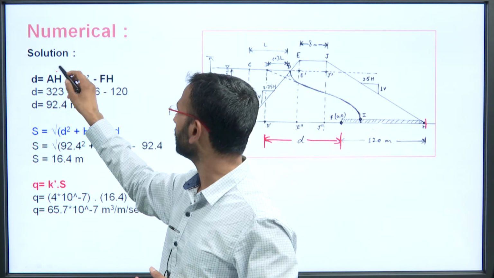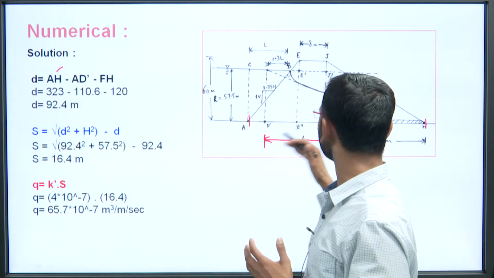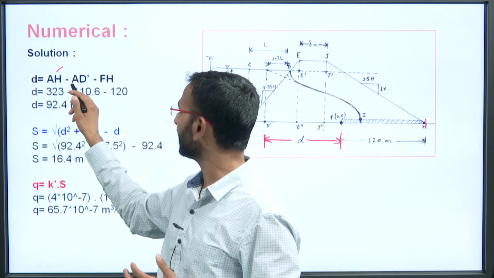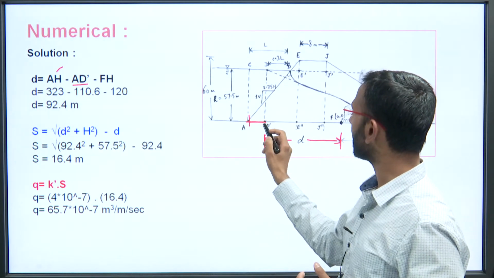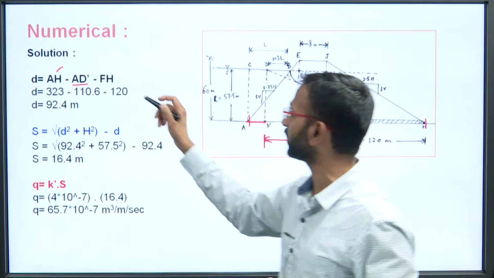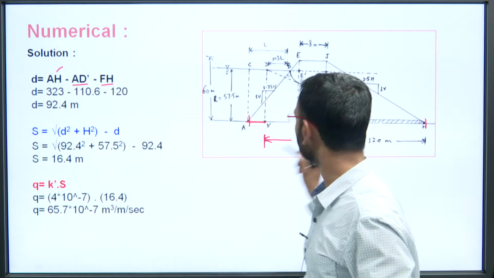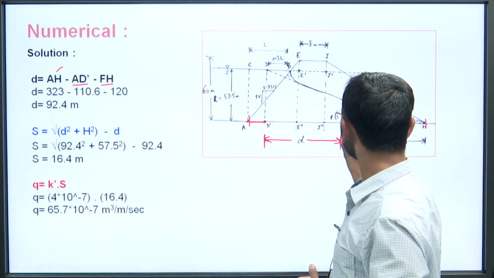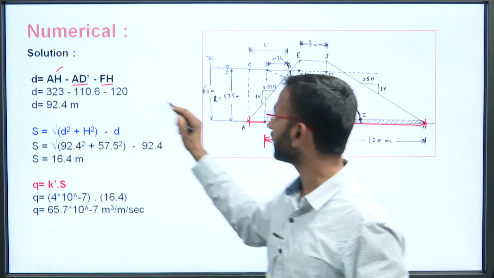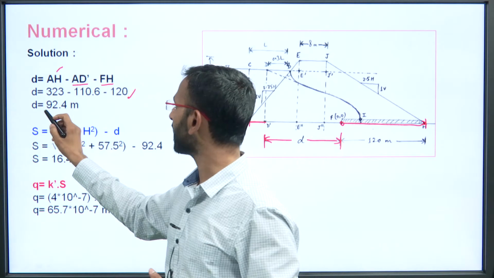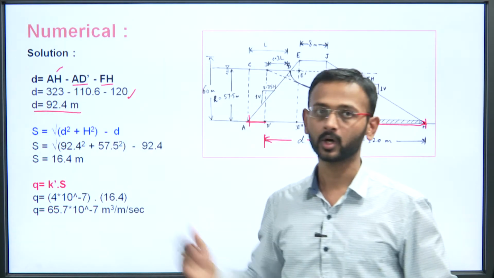So, D comes out to be AH, that is the total length there, minus AD dash. AD dash, you can see this 0.7 times CB that you had already calculated in the very first step there, then minus FH. So, F is there, and then H, you know what is this? This is the drainage blanket length, 120 meters. So, when you subtract it, D comes out to be 92.4 meters.